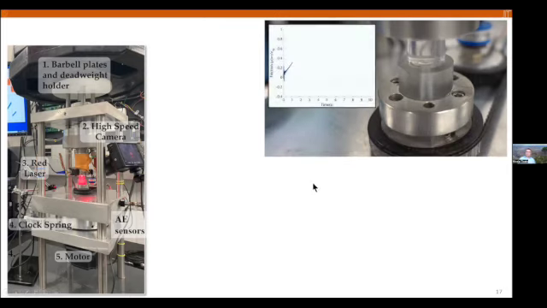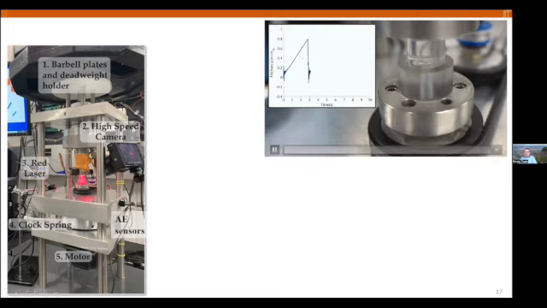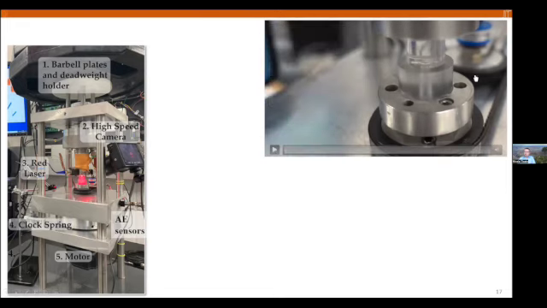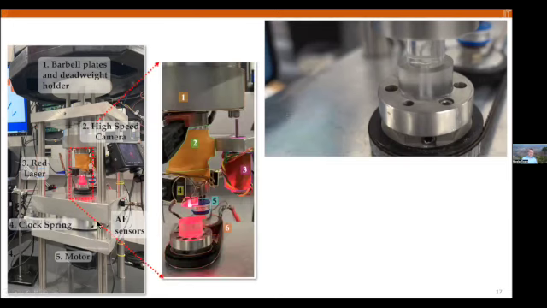This is the friction that is increasing. And then suddenly, the fault decides to slip. And this can be repeated continuously. You can see here in the back, this is the sensor that we use to measure the rotation of our sample.